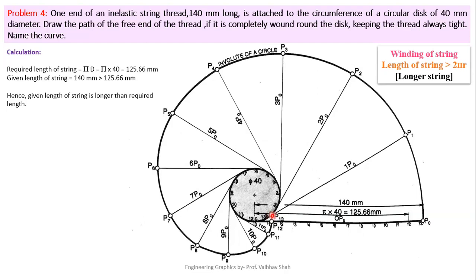So this will be your final point. After getting all these points, you have to simply connect these points starting from P0, P1, P2, P3, P4, P5, P6, P7, P8, P9, P10, P11, P12, P13 and P0 on the circle. So these points indicate the involute of a circle for the winding operation of a longer string.